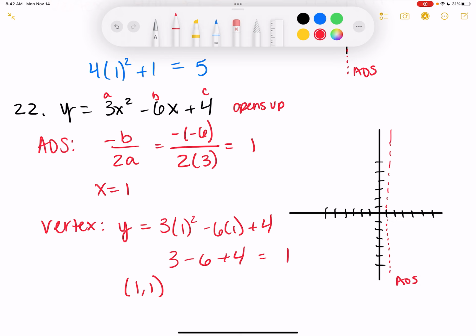All right, and then we're going to put our vertex on, so at 1, 1, so it goes there.